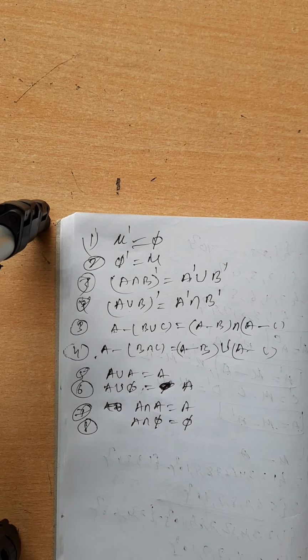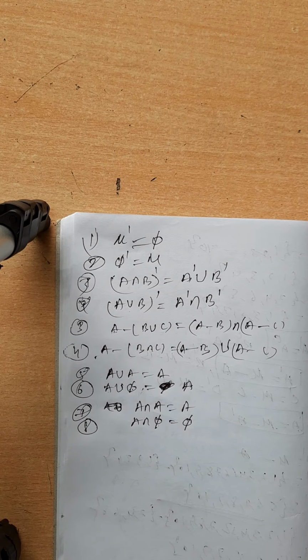After that, one formula is there, an important formula: number of A union B equals number of A plus number of B minus number of A intersection B. So this formula is there for 2 sets.